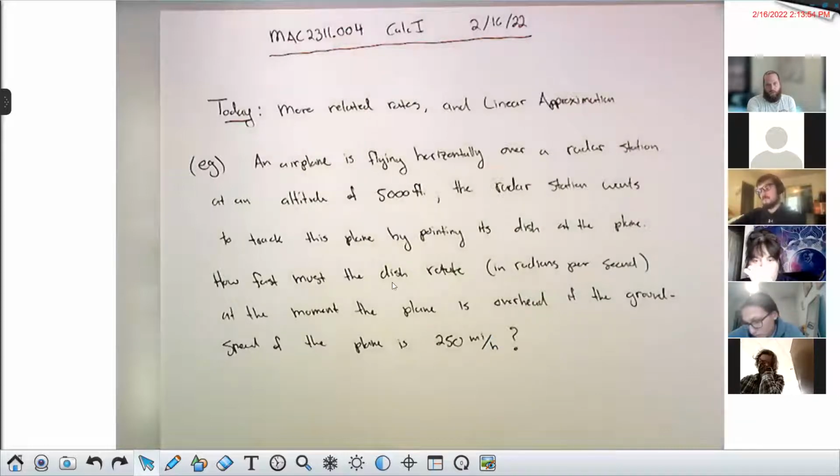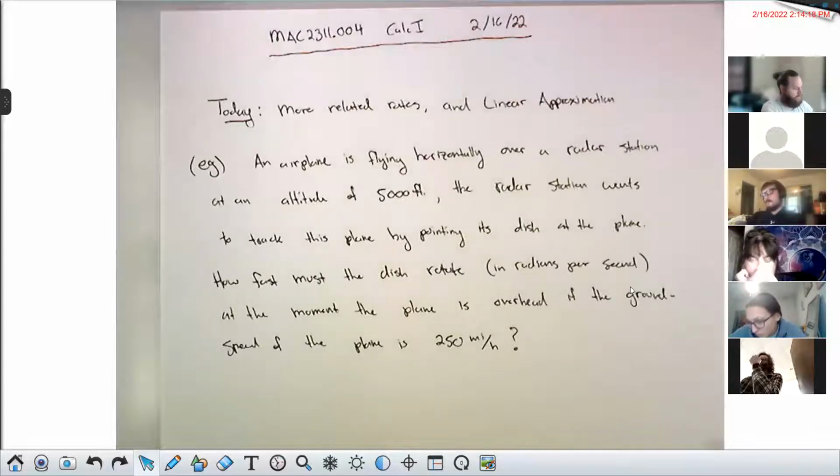So we're going to need to convert all of those distances into one unit and all of those times into one unit. It's up to us what we want to do. The other thing, of course, is that the geometry is different here. Rather than looking at some length that's changing over time or something that's falling over time, I'm looking at a rotation. And that means we're going to need to get some trigonometry involved.